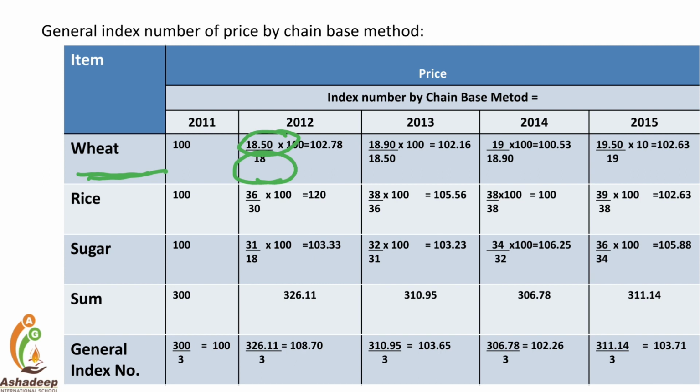Whenever you want to find an index number, you have to multiply it with 100, and in this way we can find the value of 102.78, that is the index number of wheat for the year 2012. In the same way, we can find the index number of wheat for the year 2013, for the year 2014 and for the year 2015.